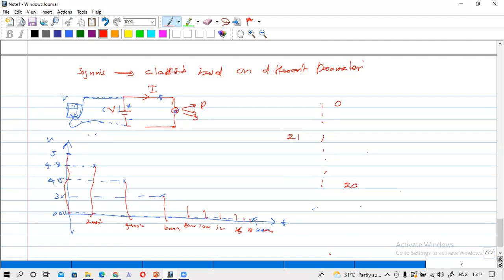This 0 is also 1 point. But I measure every 2 minutes up to 20 minutes, so then I will have 11 voltage values.